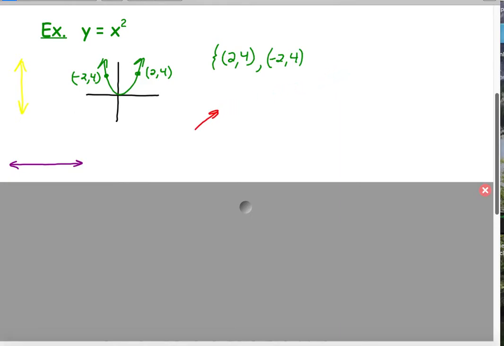But now when I'm doing my inverse, I'm switching the order of these numbers, right? So now the inverse is going to wind up being 4, 2. And this one's going to be 4, -2. And now I have a problem because now I have 4 being mapped to 2 different values. And so this red inverse that I've created is not a function, although the original one was.